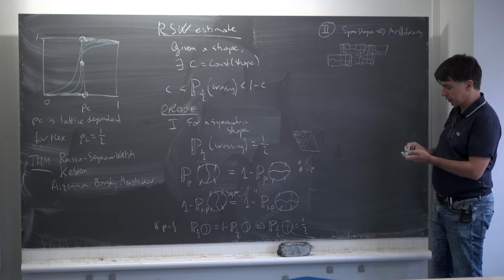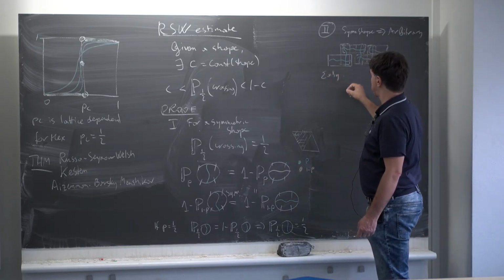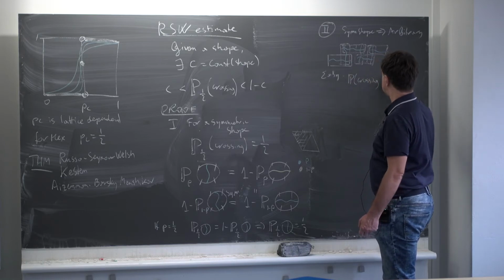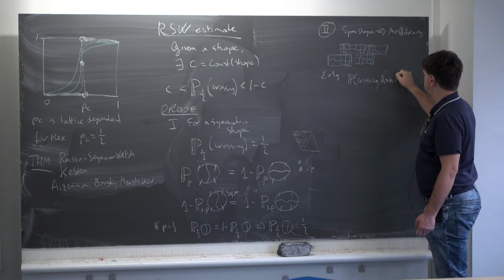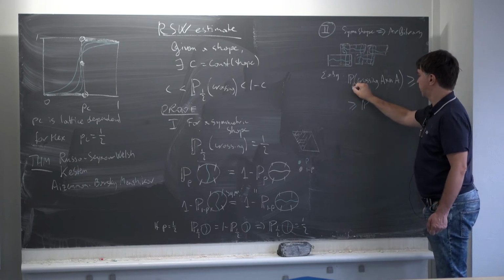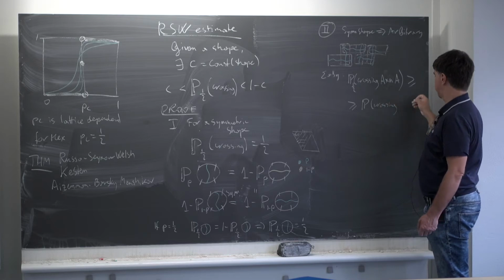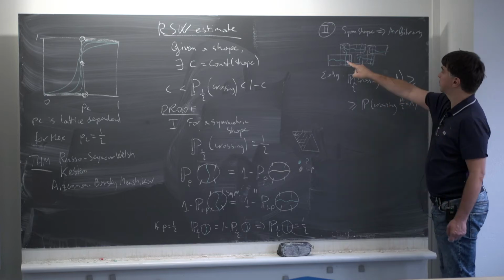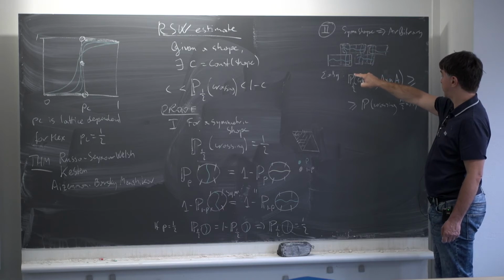So it's easy, for example, to show that the probability of crossing a shape which is, let's say, A times nA is at least the probability of crossing the shape, let's say, A over 2 times A. And how many times should you snake it?